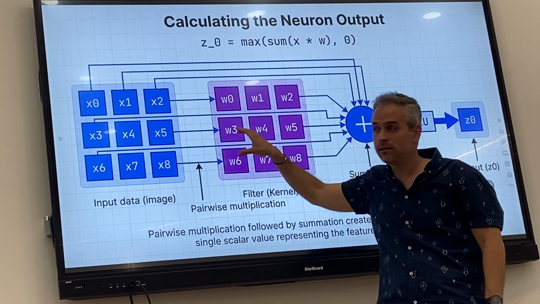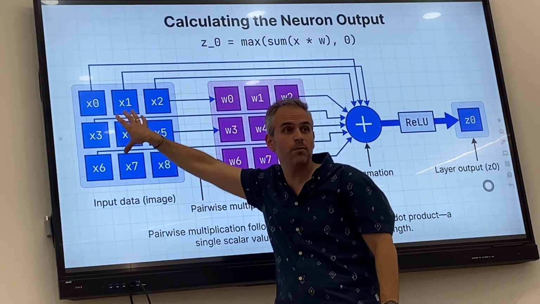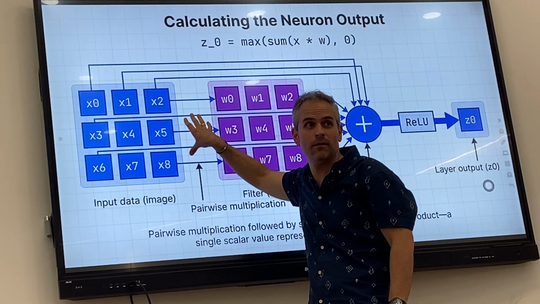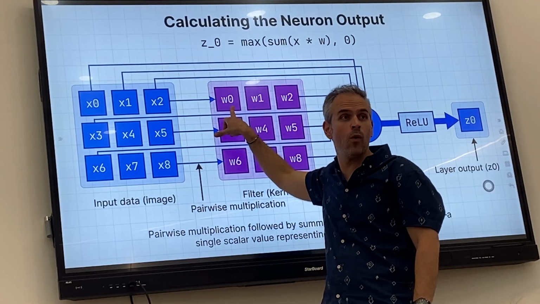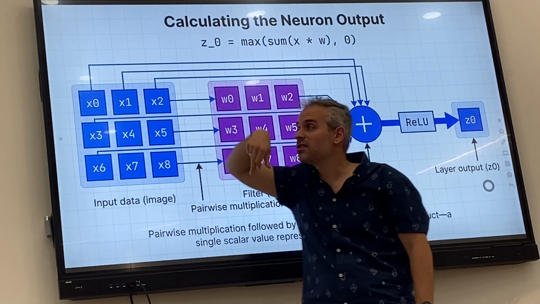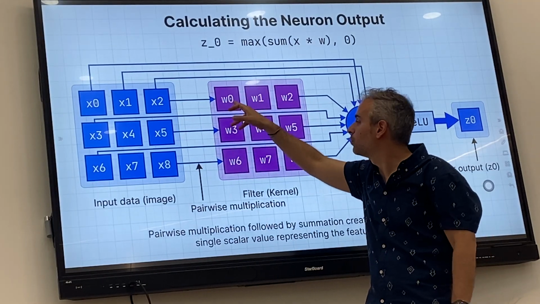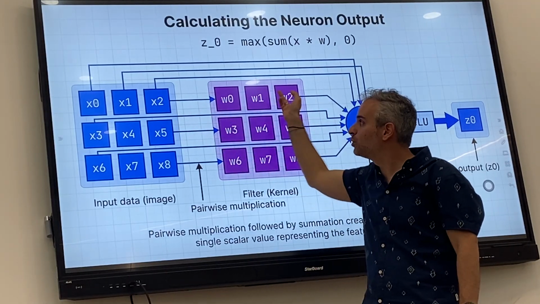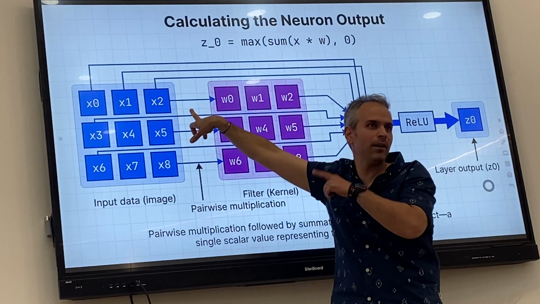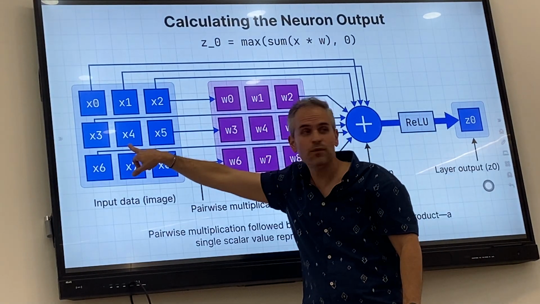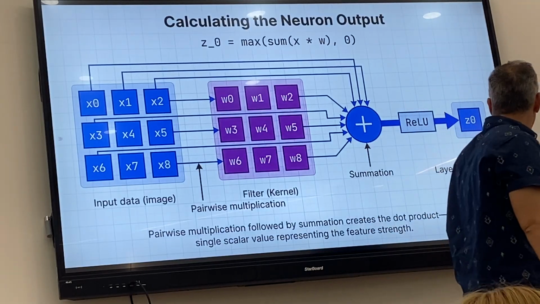Take this filter, place it on the image, but slide it just 1 pixel to the right. So now W0 times X1, W1 times X2, W2 times X3, W3 times X4, and so on.